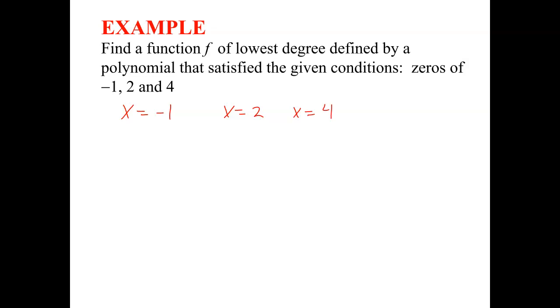All right, what are my 3 factors? Good. If I multiply x plus 1 and x minus 2, what do I get? If I multiply x plus 1 times x minus 2. And then if I multiply those, what's my final polynomial?